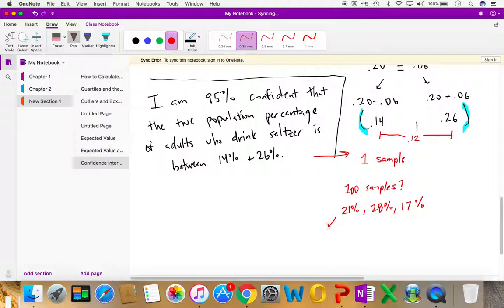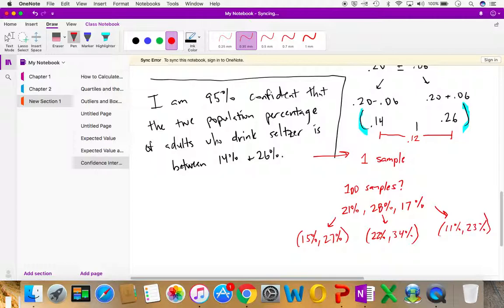So what I mean by that is this interval would be between 15% and 27%. For 28%, that interval would be between 22% and 34%. And then for 17%, we would see that go from 11% to 23%.